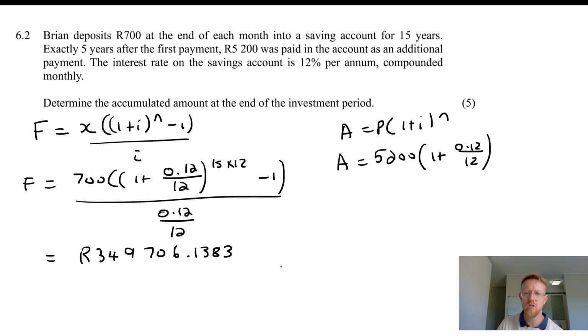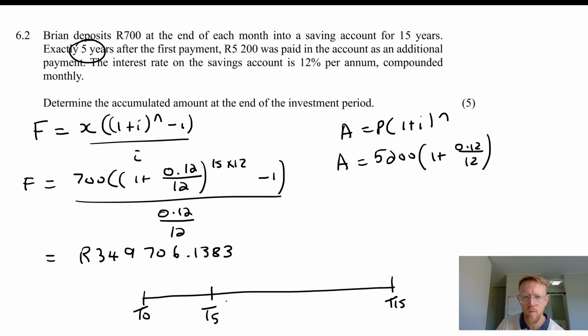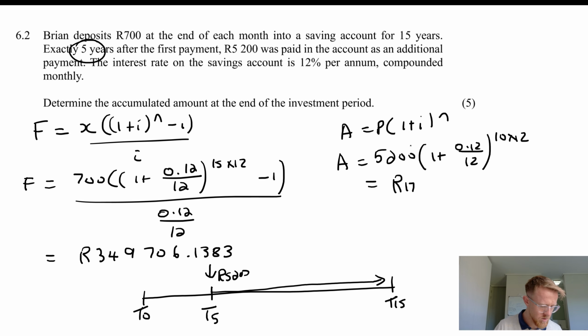So remember that on our timeline, we start here right at the beginning and we go all the way to 15 years. It was after 5 years, exactly at the 5-year mark, where Brian deposited the 5,200. So that's going to compound for a total of 10 years. So you're going to say 10 times 12. And if we go work this out, we end up with 17,162 Rand. And then let's just write out all of this for now.